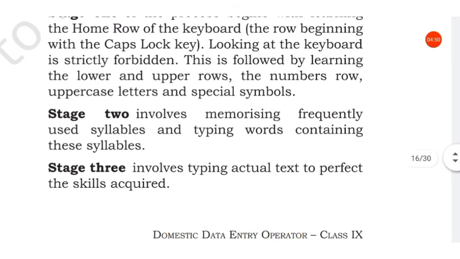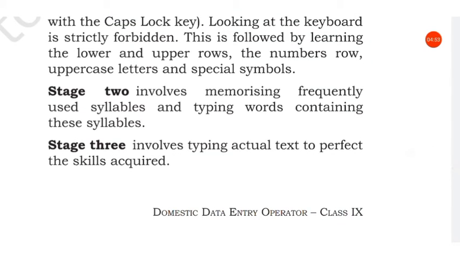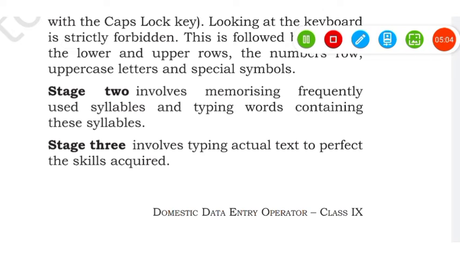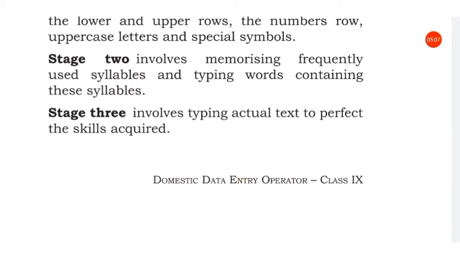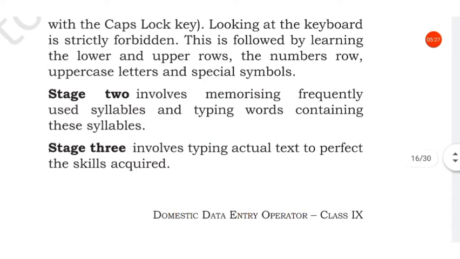The next stage is stage 2, which involves memorizing frequently used syllables and typing words containing these syllables. Stage 3 involves typing actual text to perfect the skills acquired. So in stage 2, you have to memorize frequently used syllables, that is some words. Then in stage 3, you have to type a perfect sentence.